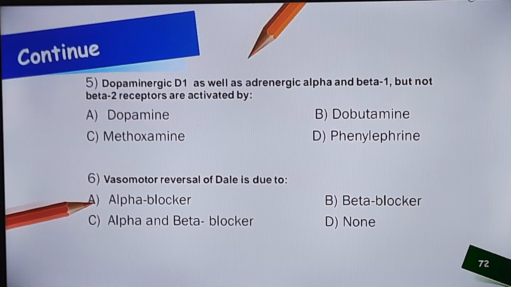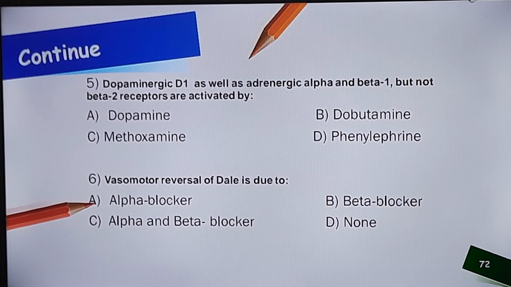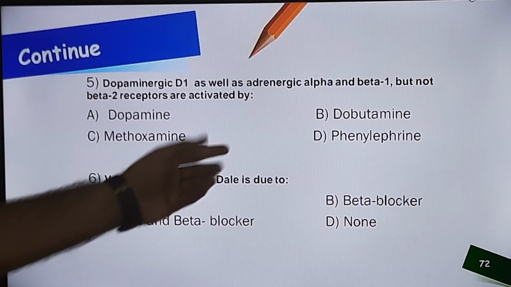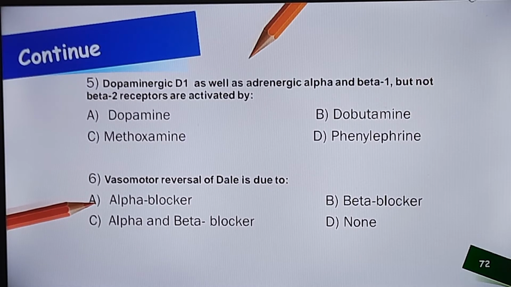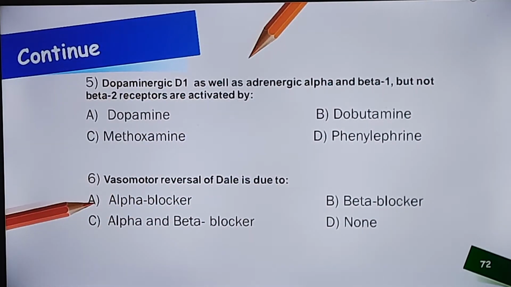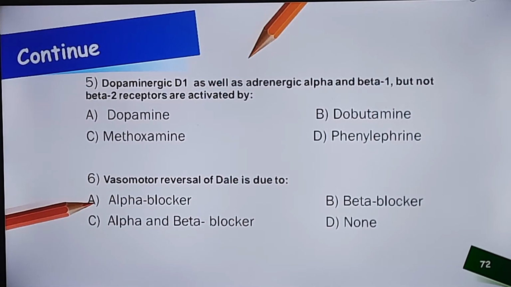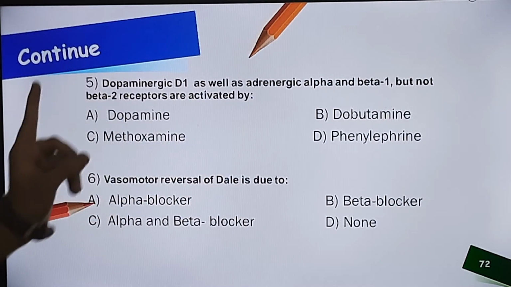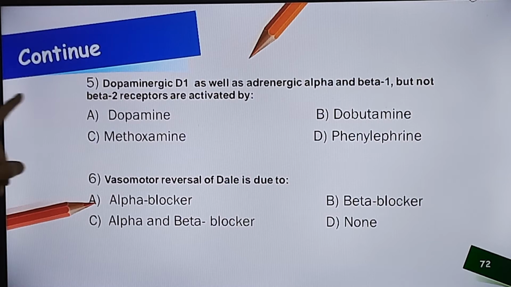It only has alpha 1 adrenergic receptor activity. So option C is also eliminated. Option D remains, phenylephrine. Again phenylephrine is an alpha 1 adrenergic receptor agonist, and again it does not have any dopaminergic activity. So option D is also eliminated. So we eliminated options B, C and D, and only one correct option remains, that is dopamine.